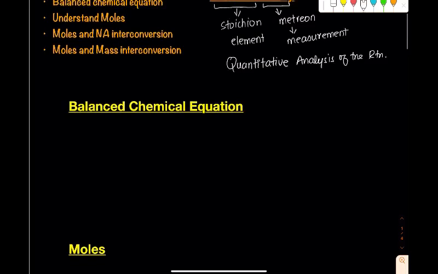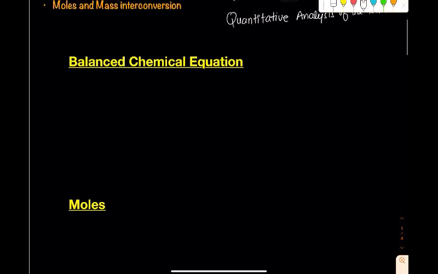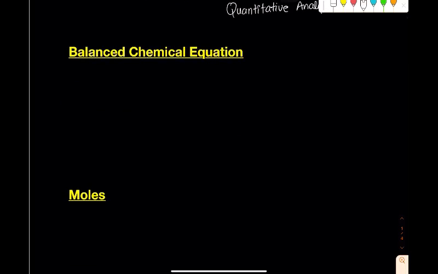Now let us look at the balanced chemical equation. What actually is a balanced chemical equation? Let us take an example. There is a reaction in which nitrogen reacts with hydrogen to produce ammonia.